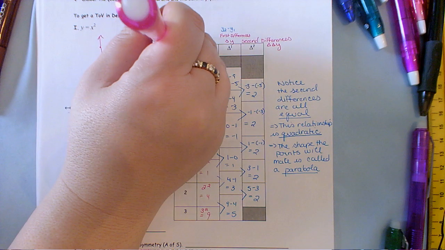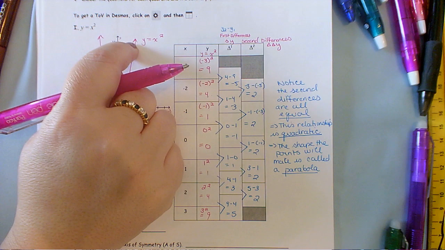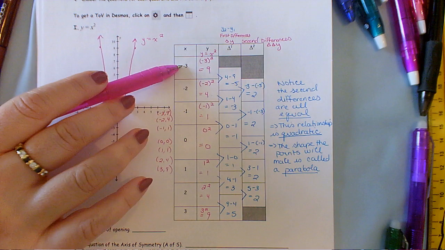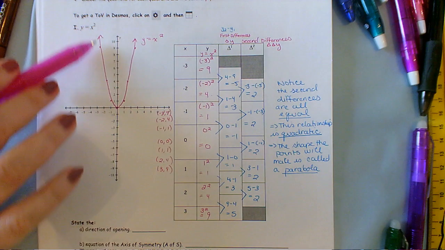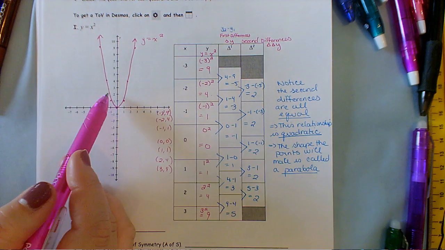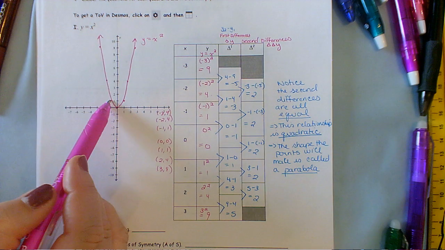Notice, again, just like we do with lines, we put arrows at the end of each of the arms. That's because the arms keep going on and on forever. Just because I only went as low as -3 and as high as +3 doesn't mean the graph stops there. It actually doesn't. This U shape is what I mean by parabolic. It's symmetrical, right? Looks like we're at the same height here, the same height here. There's like a mirror line.